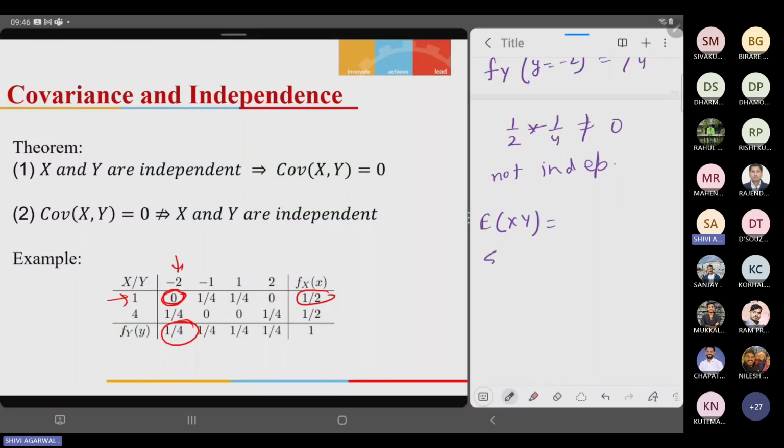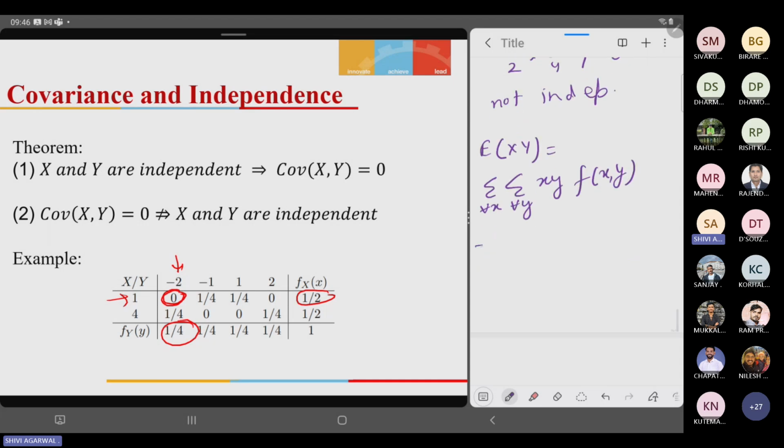Expected value of xy, it is what? Summation for all x, summation for all y, xy, fxy. Correct? We are doing the same thing. Now we are doing for all x. So you can see here x is equal to 1, y is equal to -2, and fxy is 0. Plus 1 multiplied by -1 multiplied by 1 by 4, plus 1 multiplied by 1 multiplied by 1 by 4, plus 1 multiplied by 2 multiplied by 0.